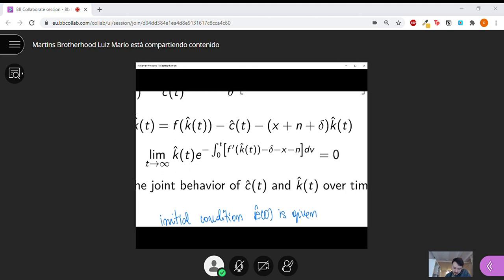Let me think here just one thing. So if this goes to 0, this will be higher. I mean, this is going to become negative. Yes, because we have 0 minus something positive, and this is negative.